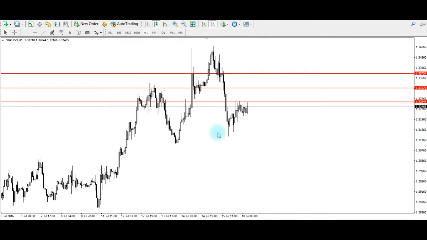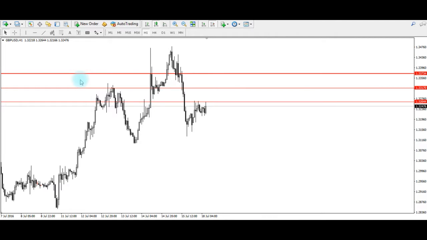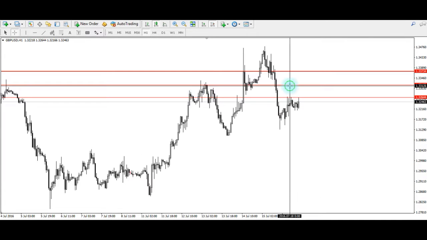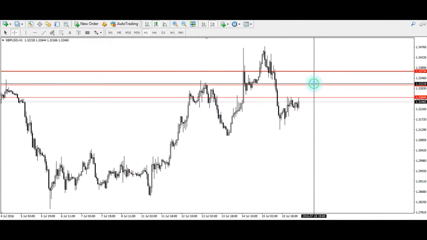So a good price to sell for me in my case will be at least at the resistance level of 1.3317. Okay, the previous high right here, the resistance point here. So that is the price I'm looking for to sell. And in any case, I also believe that the price can appreciate further, slightly beyond the resistance level.